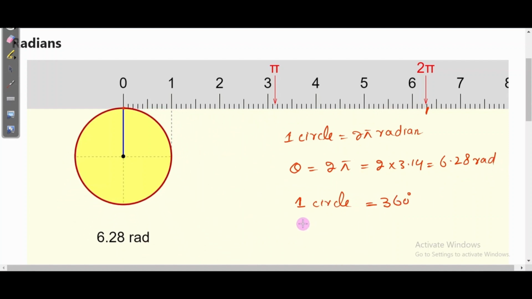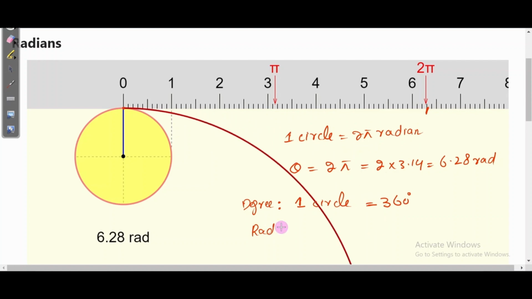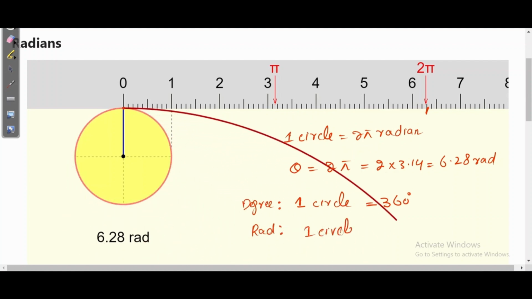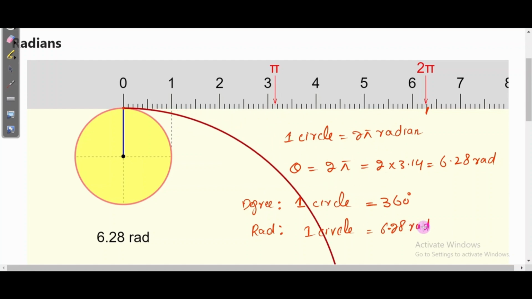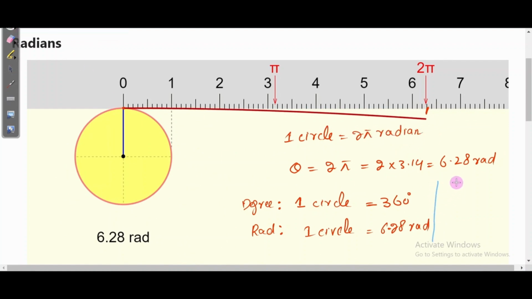This is in the case of degree, and similarly for radian, one circle is equal to 6.28 radian. So from here we can find the relationship between radian and degree.